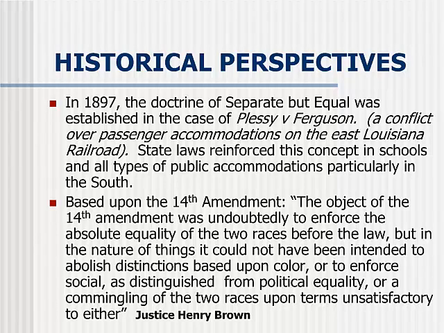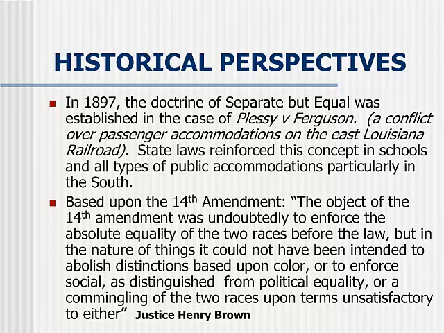Based upon the 14th Amendment, Justice Henry Brown said, the object of the 14th Amendment was undoubtedly to enforce the absolute equality of the two races before the law, but in the nature of things, it could not have been intended to abolish distinctions based upon color or to enforce social as distinguished from political equality, or a commingling of the two races upon terms unsatisfactory to either.